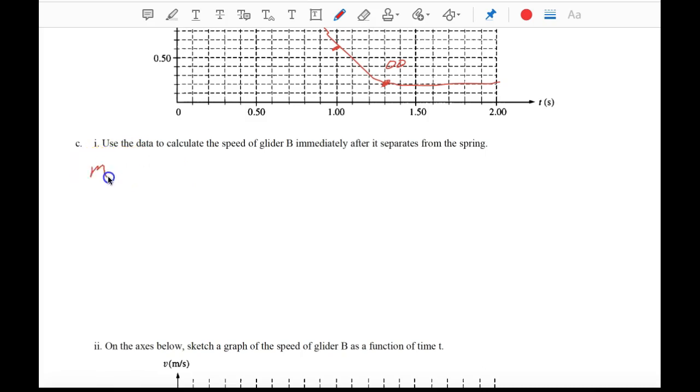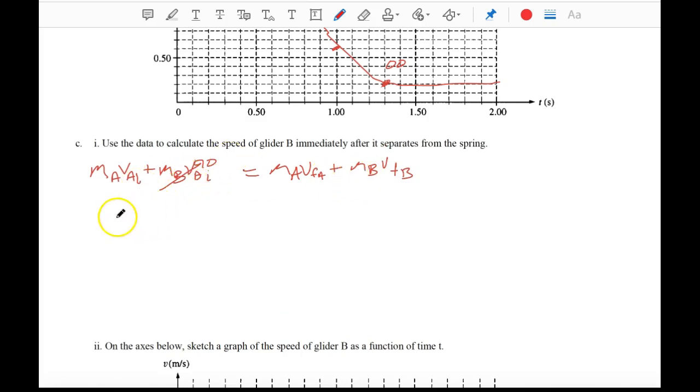Either way is appropriate. So here we've got the mass of A times the velocity of A original plus, so we'll just put an I there, the mass of B times the velocity of B initial. And we know that this is 0 because it's not moving yet. And that's equal to the mass of A times the final velocity of A plus the mass of B times the final velocity of B. So we've got everything we need.